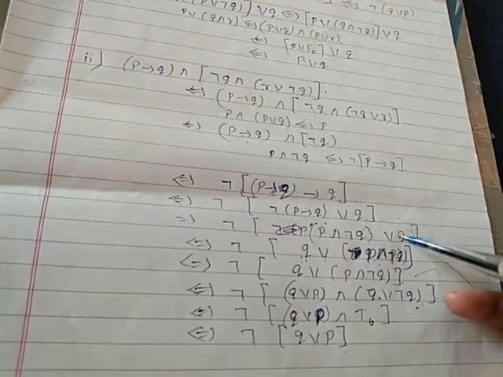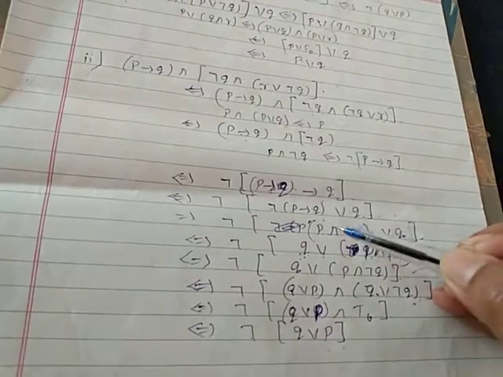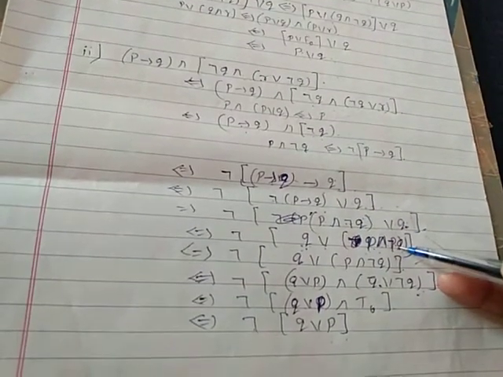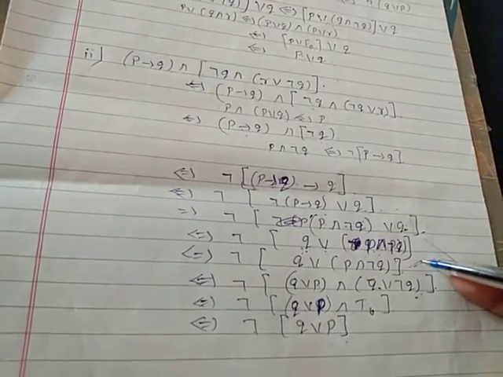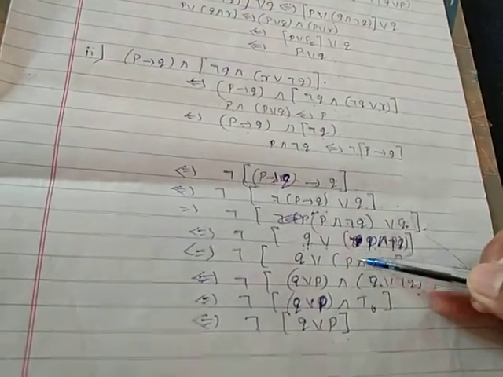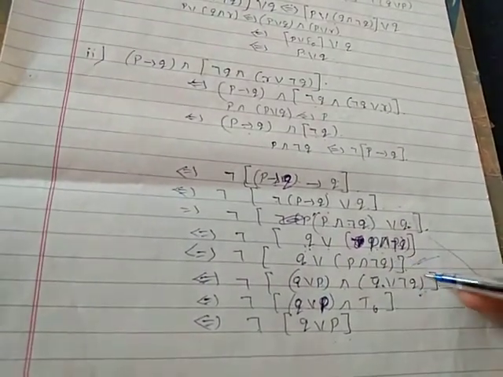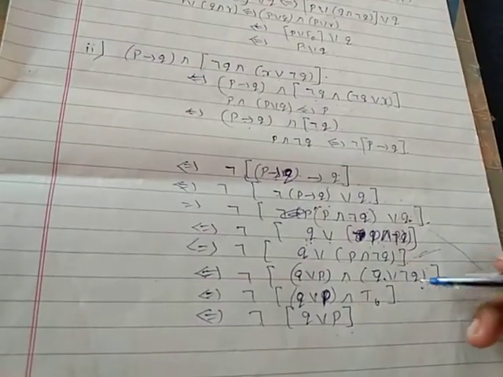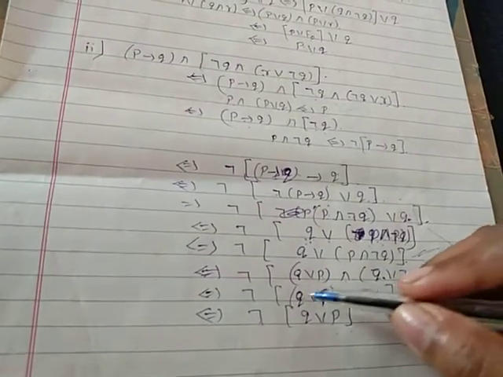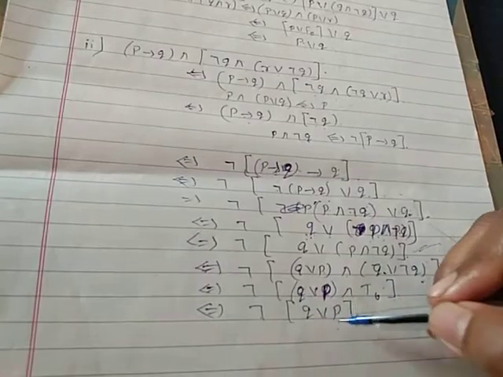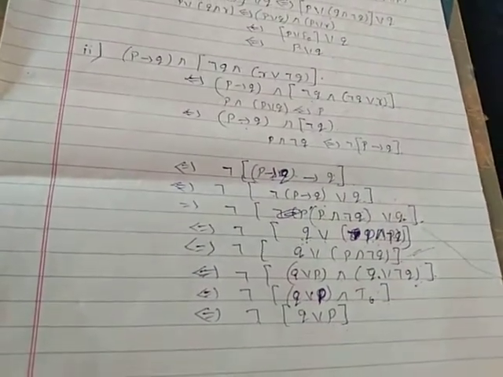I am just applying the commutative here, Q or (P and negation of Q). Now, apply the distributive law here, (Q or P) and (Q or negation of Q). Q or negation of Q is T naught. (Q or P) and T naught is equal to Q or P. So, that is the required proof.